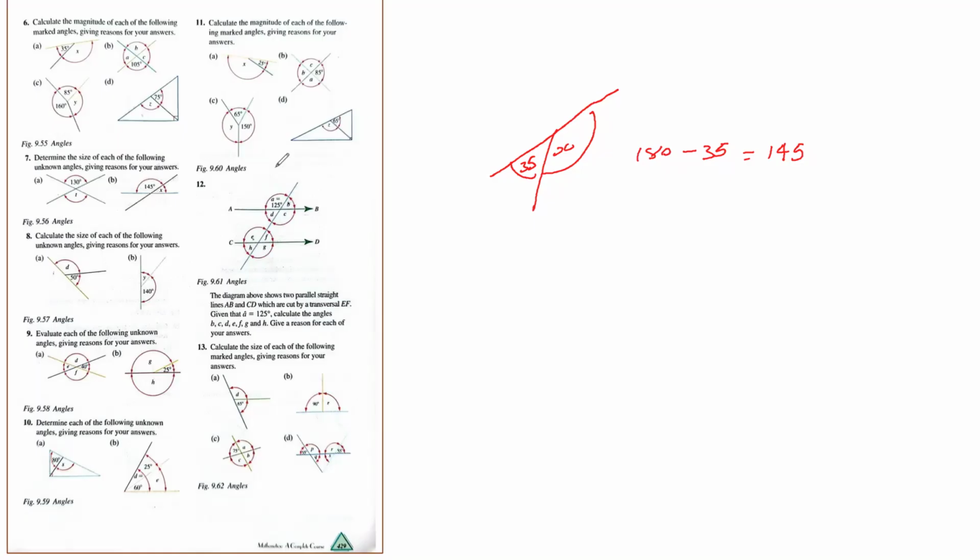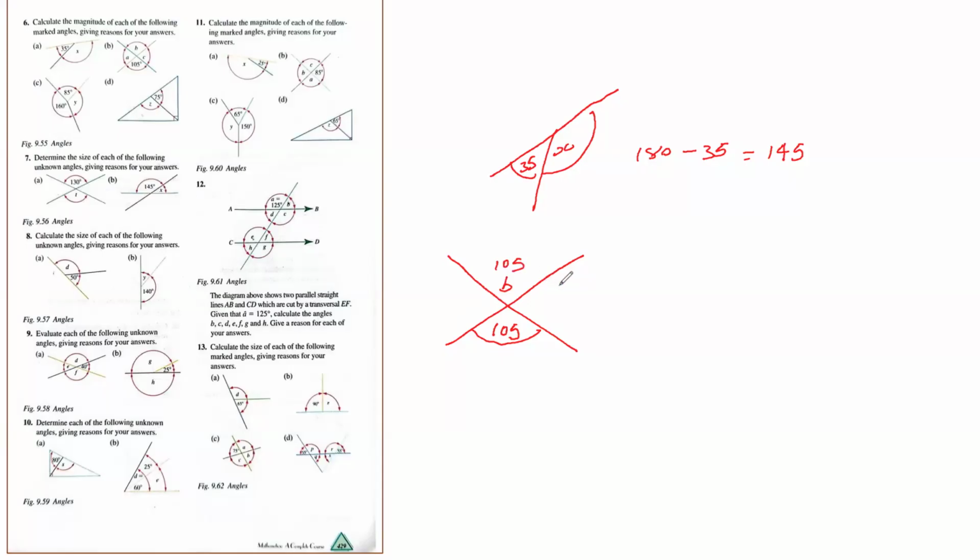Look at B. In B, you have two lines intersecting. They gave you 105. Anybody could tell me what B is? So B is 105, and the reason? It's vertically opposite angles, correct. Vertically opposite angles. So this is 105.